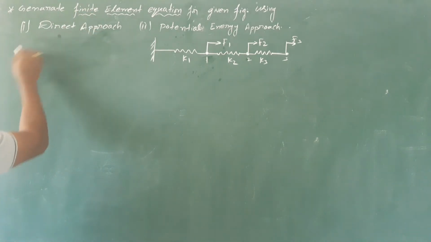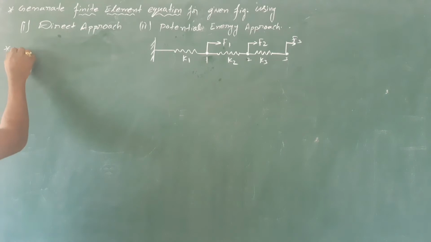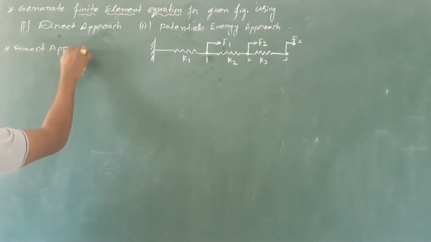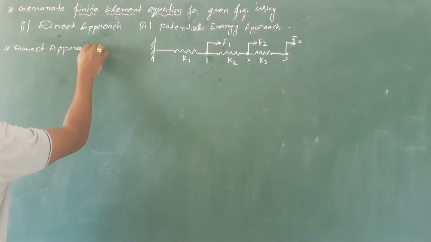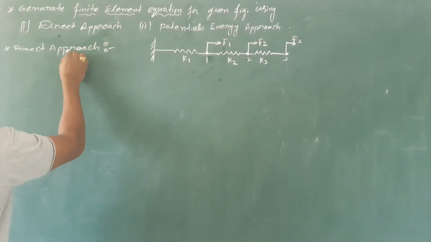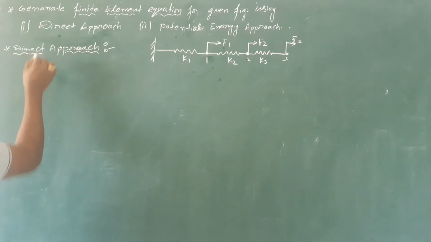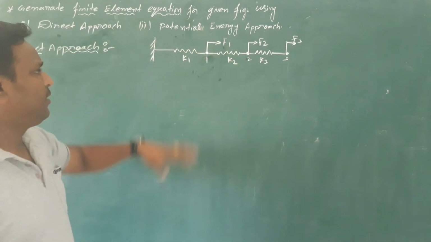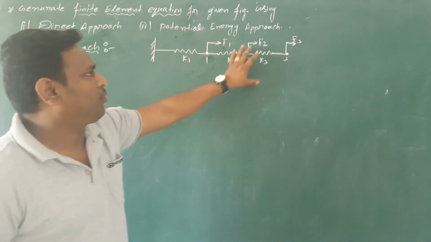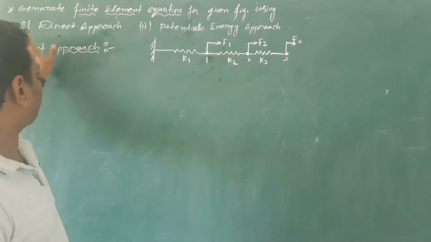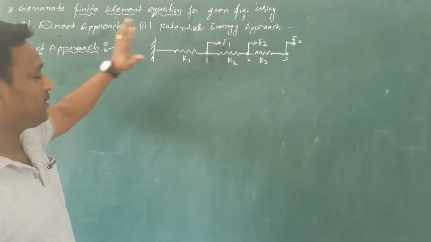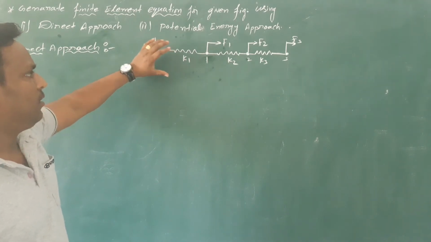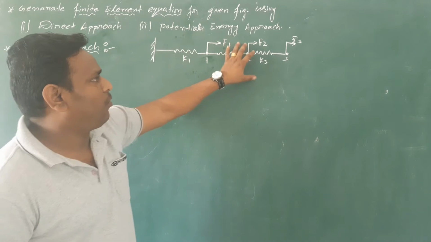The direct approach means resolving the forces along the x direction only, at node 1, node 2 and node 3. That is, resolving the forces along the force applied direction.